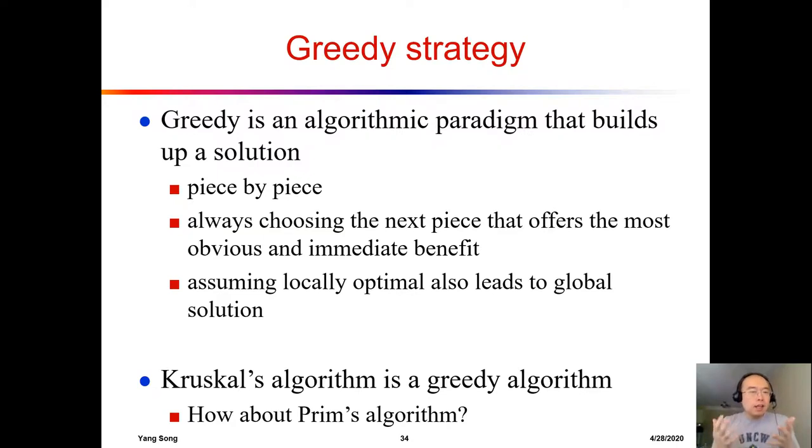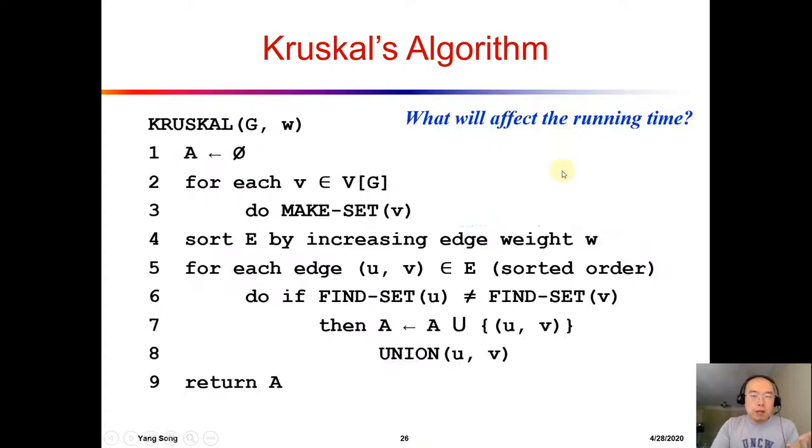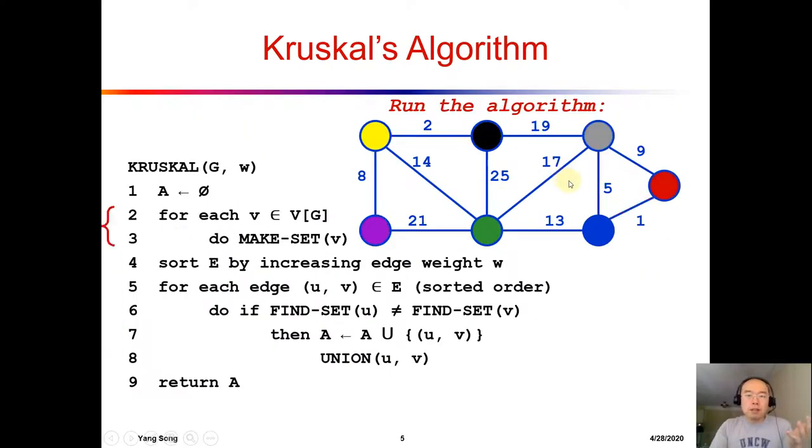Okay, and if we step back and take a look at the Kruskal algorithm, let me go back. What we did was we started from the lowest, right? We start from the lowest, and decide if we want to take that or not, and then we move on to the next one and again decide if we want to pick that or not, and we always do this.